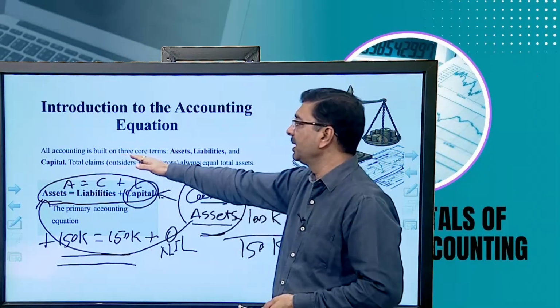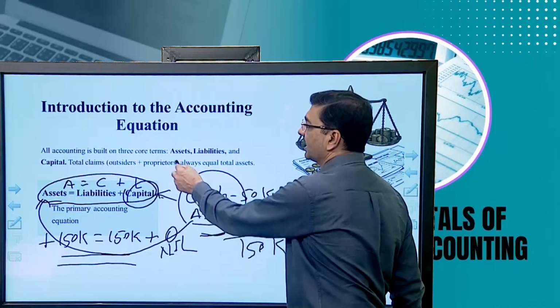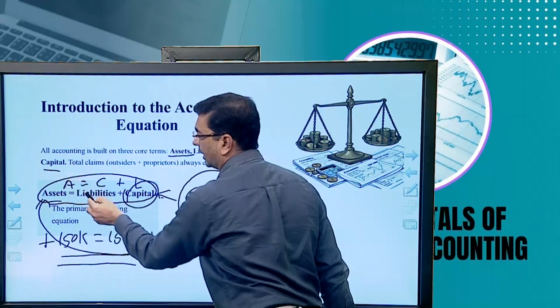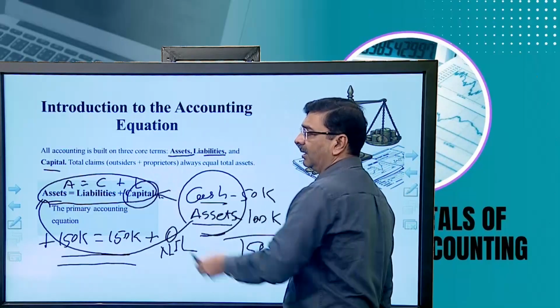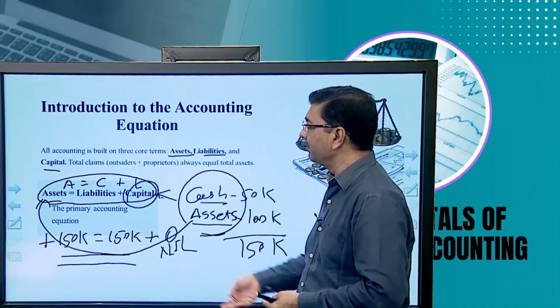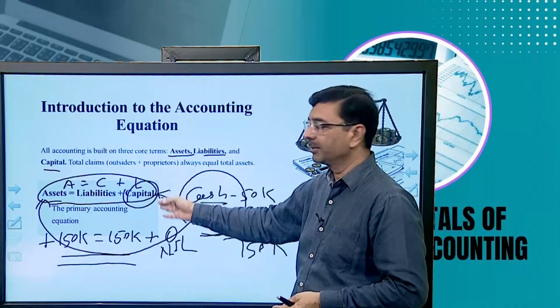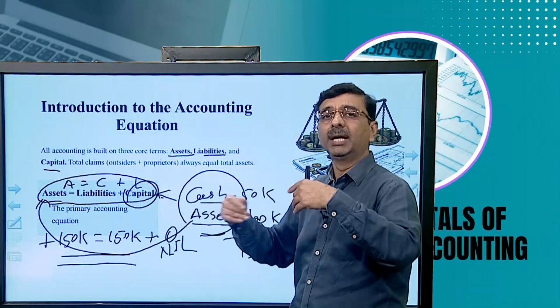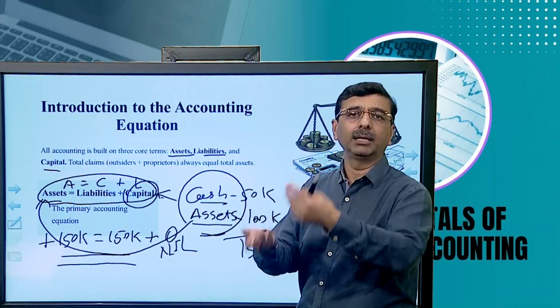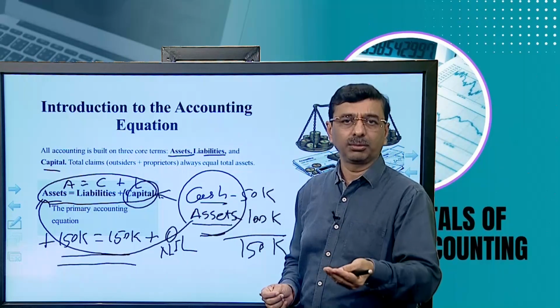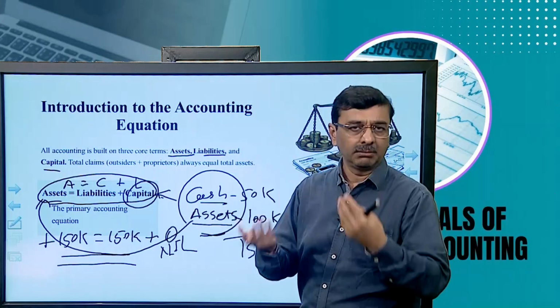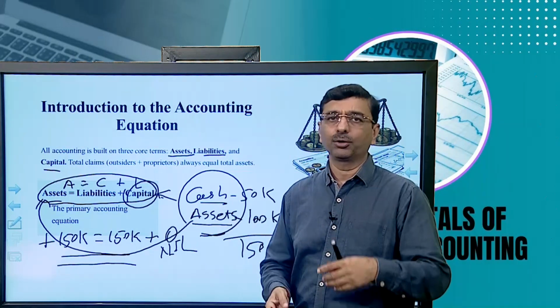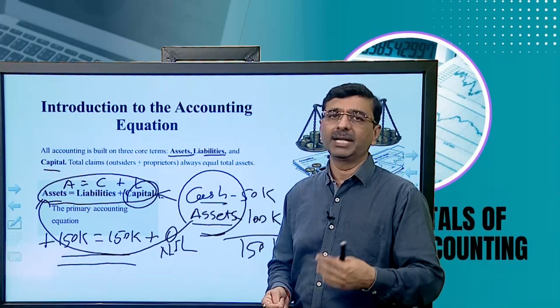All accounting is built on the three core terms, that is assets, liabilities and capital, as it is mentioned here. And then again, the amount of the claims: outsiders plus proprietors. Liabilities are considered outsiders. That means those who are giving or lending money to the business, maybe as a debt or in the form of some credit or any form.